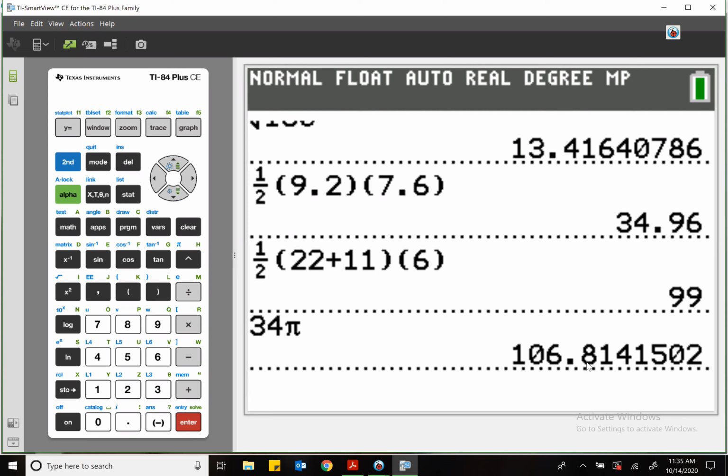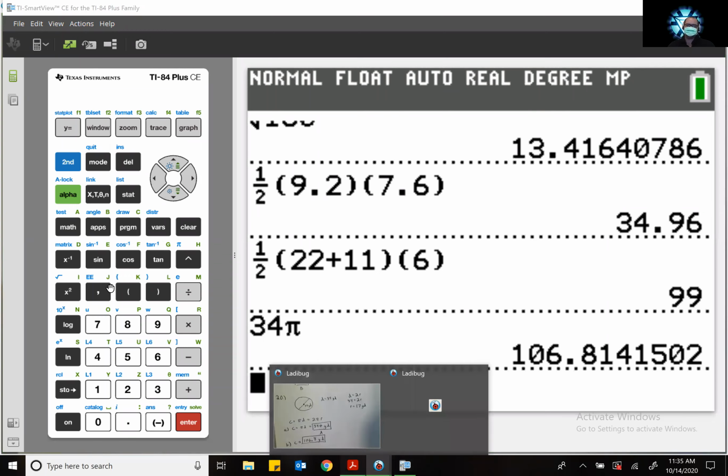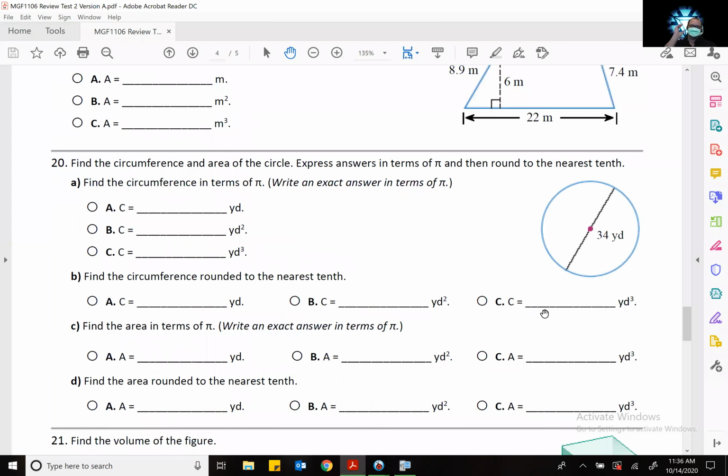Watch your rounding. So 106.8 yards. So which one would you select, A, B, or C? A. And then you'd put the 106.8 in there.